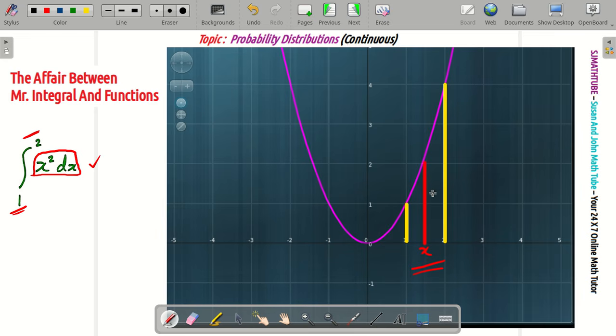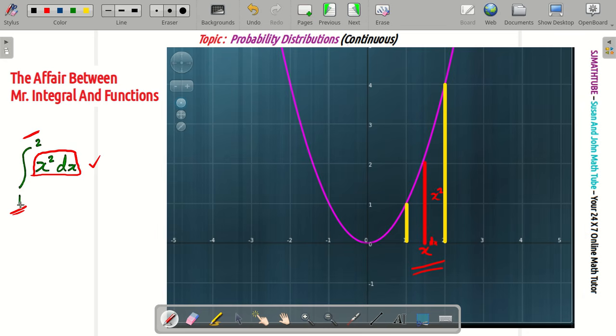So the height of this red rectangle, which is a line, you have to imagine that's a line. So we can visualize this to be a rectangle with height x square, and let's say this part is dx. So the height is x square and this length is dx. So x square into dx is actually the area of this red rectangle. So look at this.